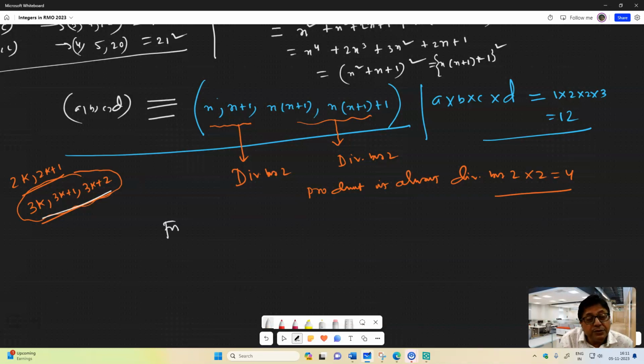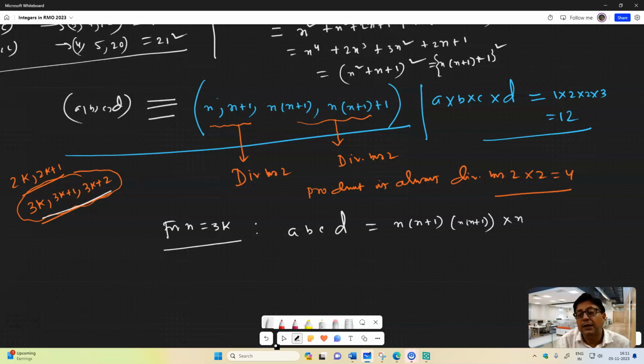For n equal to 3k, see what is the value of A, B, C, D. A, B, C, D we are getting n, n plus 1, n into n plus 1, n into n plus 1 plus 1.